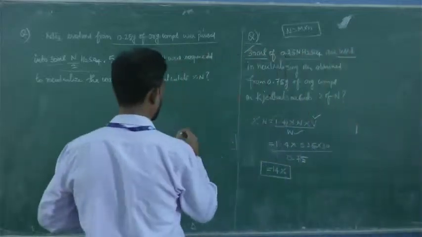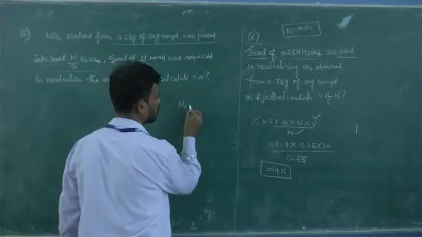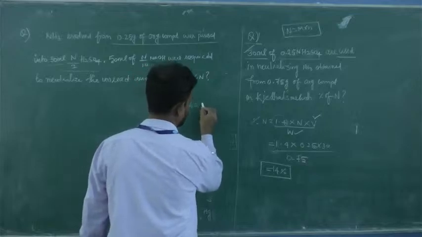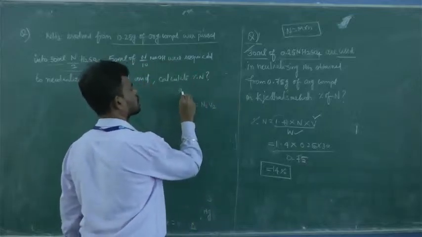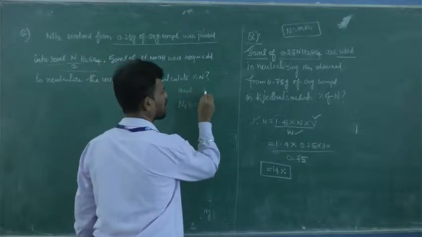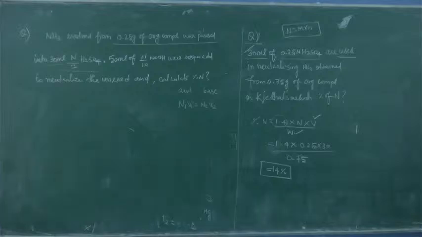So what you can go for is this formula, the number of gram equivalents. Let's say this is acid and that one is base. Number of gram equivalents formula: normality into volume is equal to normality into volume.